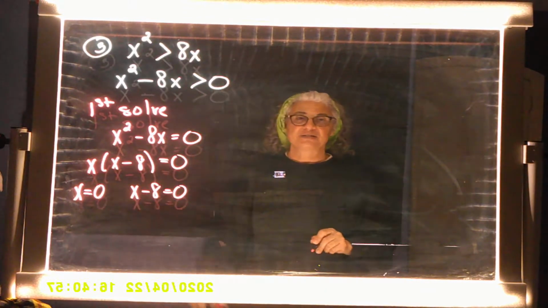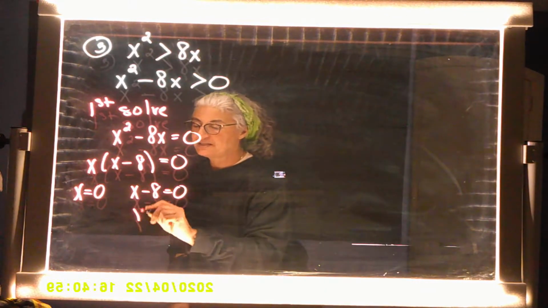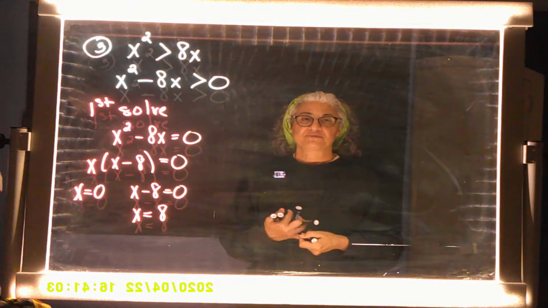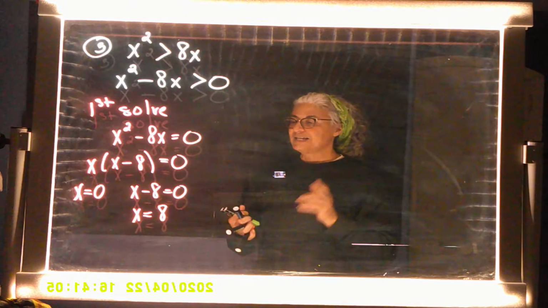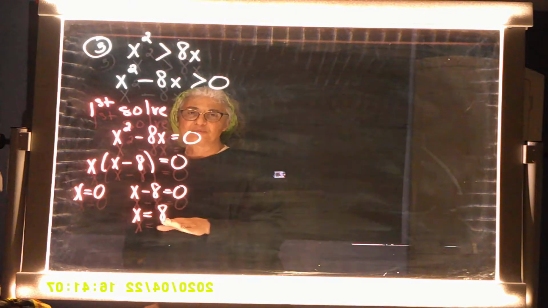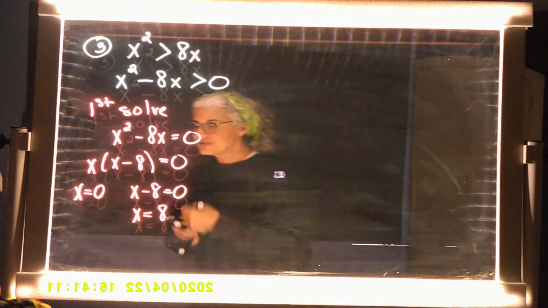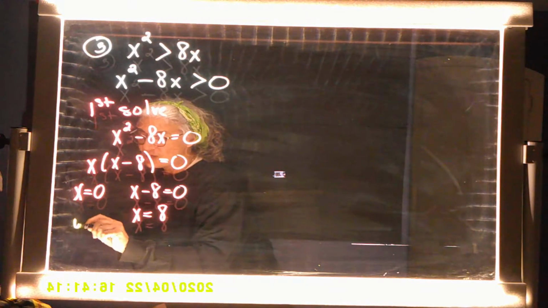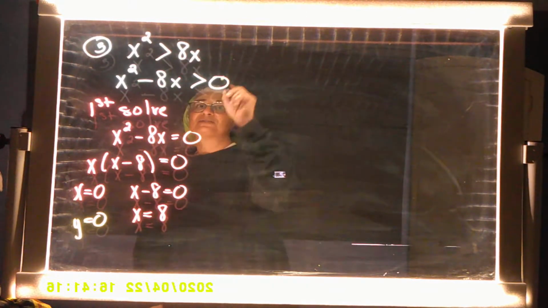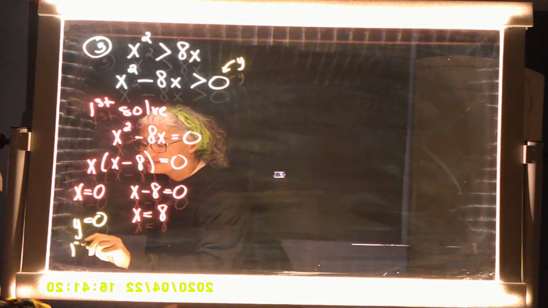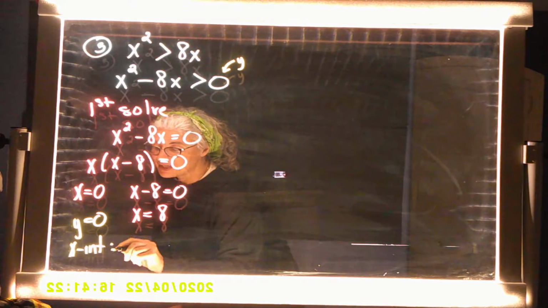Gratefully, this one's already solved. I don't have to worry about it. The other one is going to equal 8. Did you get that? All right. Now, what are these two numbers representing? Yeah, these two numbers are your x-intercepts. y is equal to 0 here. This is my y value still. So that means you found x-intercepts.